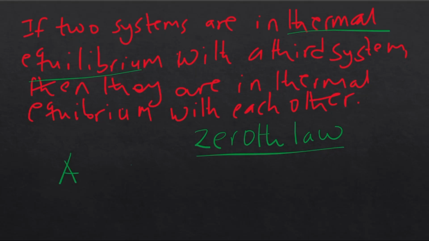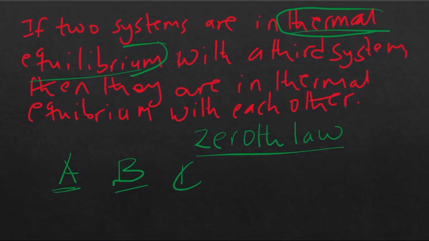This means that when you have a system A that has the same temperature as a system B, and another system C which has the same temperature as system B, then A and C are in thermal equilibrium. This is kind of mathematically true too: if A equals B, and C equals B, then A is equal to C.